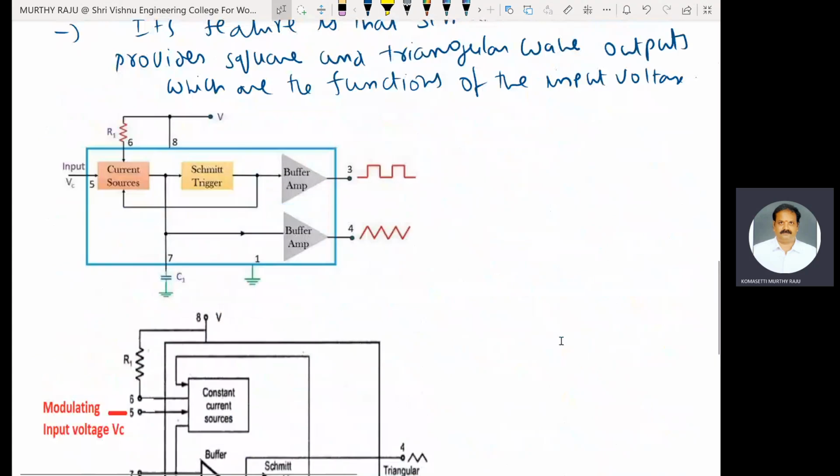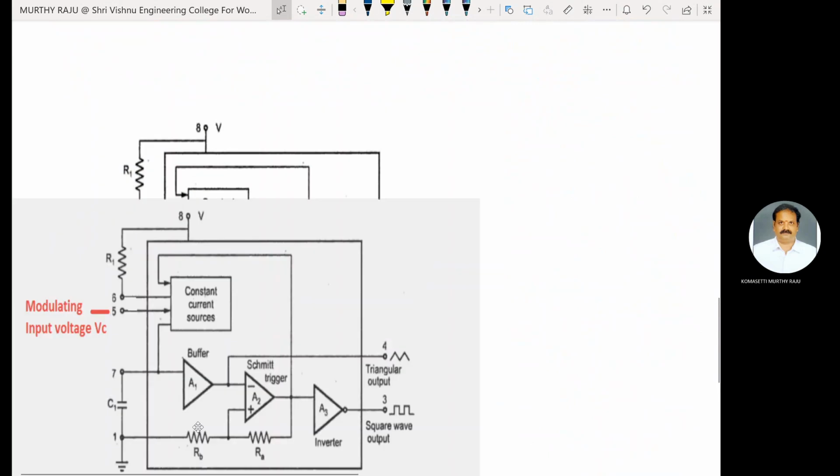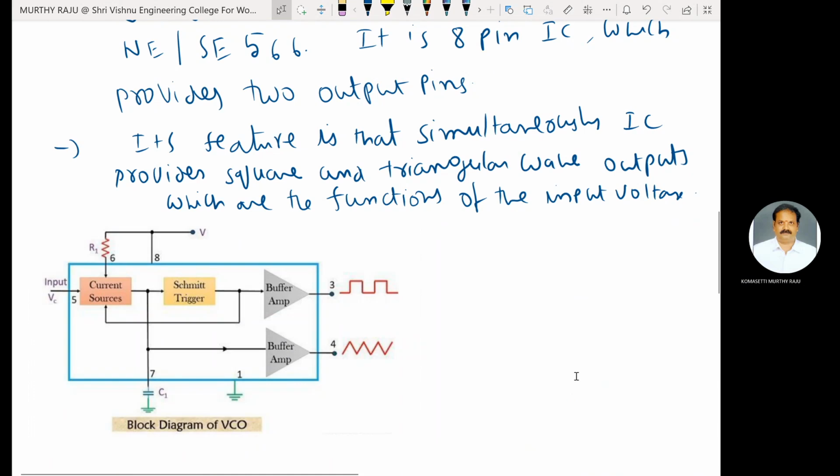Next, the block diagram of the VCO. Two types of waveforms are generated, as already explained: square wave and triangular waveform. Important points here are related to the frequency. The frequency of oscillations is determined by an external resistor. It is an oscillator circuit, no doubt, which generates two types of waveforms simultaneously.